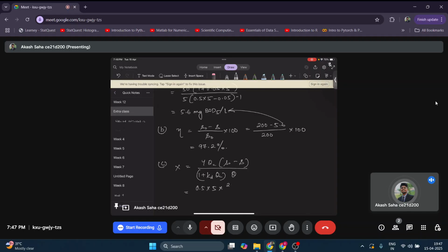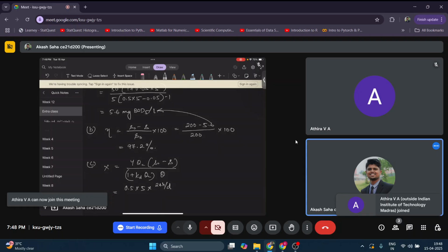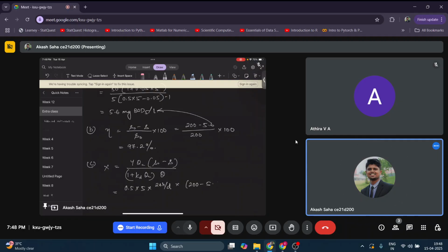I will change hours to days and then S naught minus S. Okay, then 1 plus Kd theta C, so Kd is 0.05 and theta C will be 5, and theta, that is the hydraulic retention time, will be 6 hours.